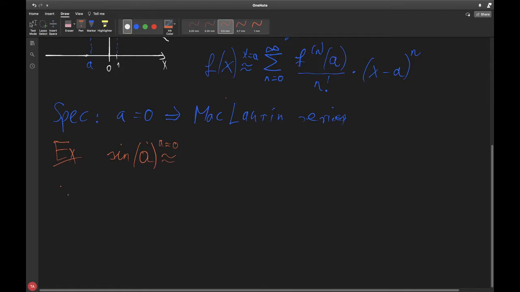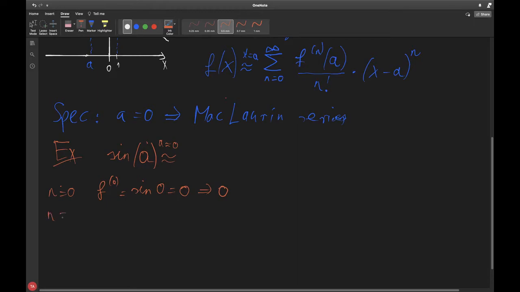What do we do in this case? We have to look at the situation when n equals 0. So f is just going to be the sine, the zeroth derivative. Sine x evaluated at 0 is sine 0, which gives us 0. So the whole term just gives 0.